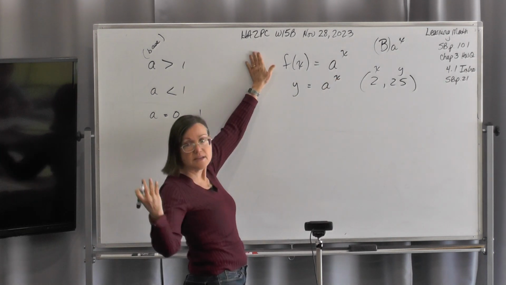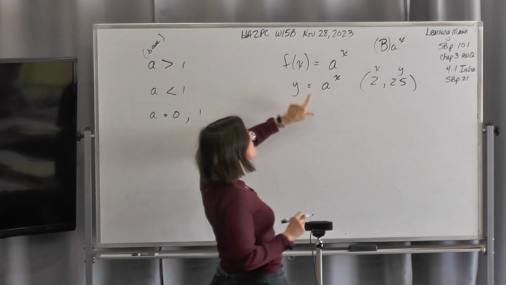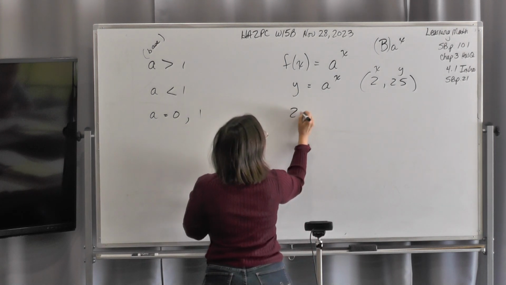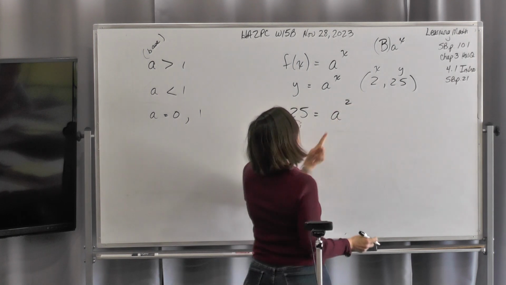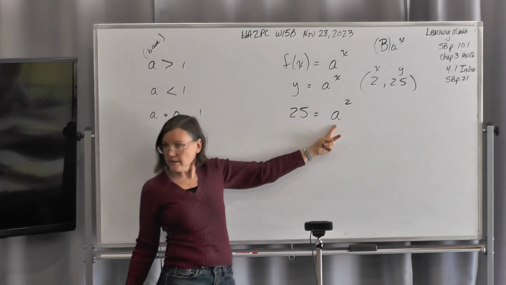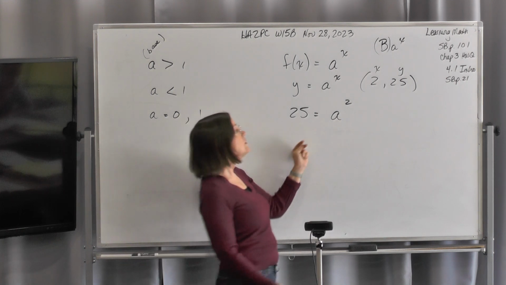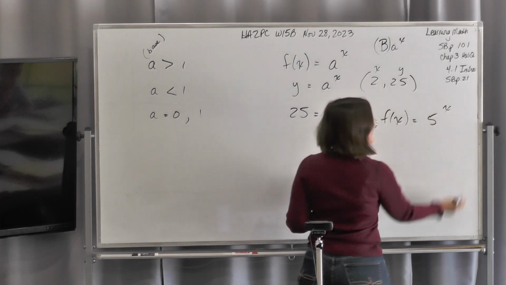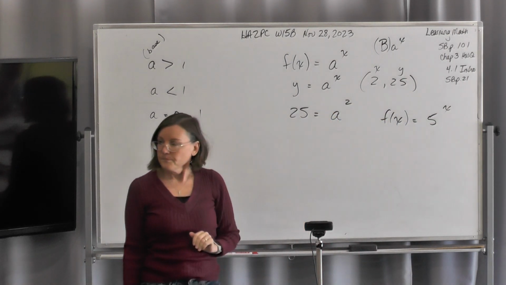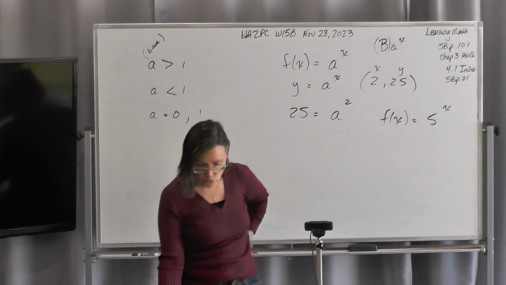We've been using this technique since Algebra 1, plug in to find the missing component. If y is 25 and x is 2, what does a have to be? 5. So now we know that our function of x is simply 5 to the x. Same technique we've been working with before.